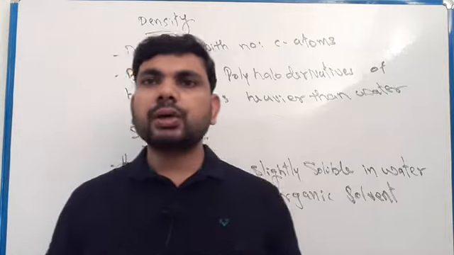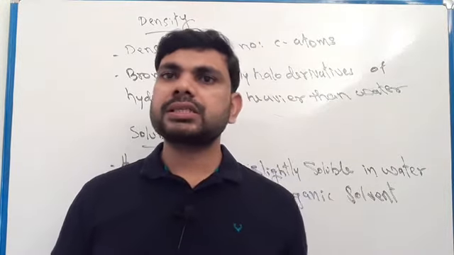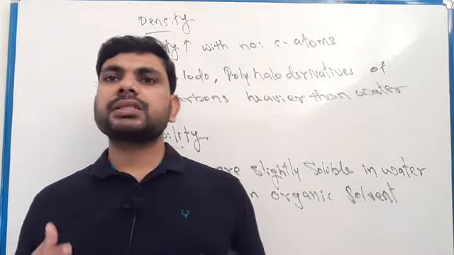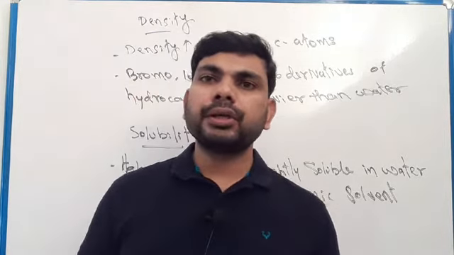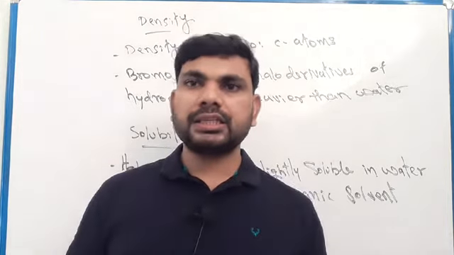Next we have to discuss density and solubility. So we are talking here about the physical properties of haloalkanes. We discussed their color, and we discussed melting and boiling point. Next we have to discuss solubility and density.